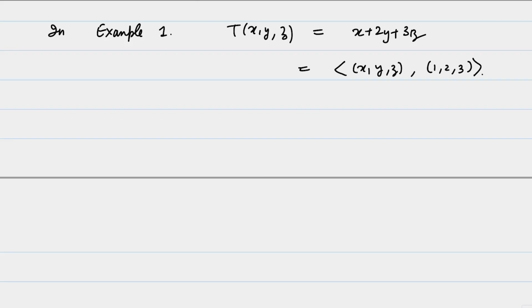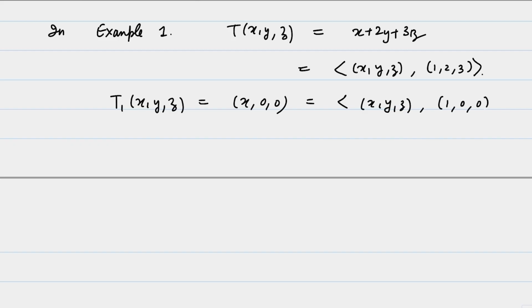So ironically, the linear functional which we started off with in the first example turns out to be the inner product with the vector (1, 2, 3). In fact, the next example that we considered, T sending (x, y, z) to (x, 0, 0), is also the inner product of (x, y, z) with the vector (1, 0, 0).